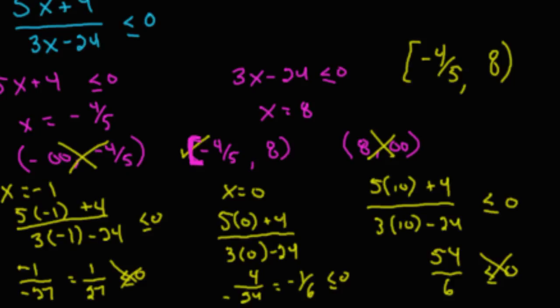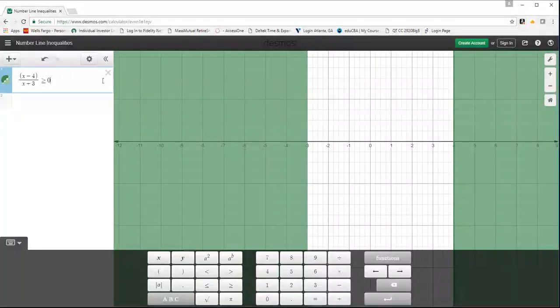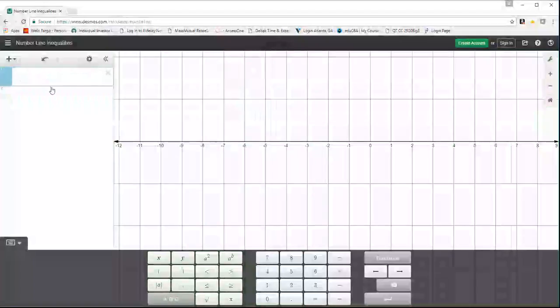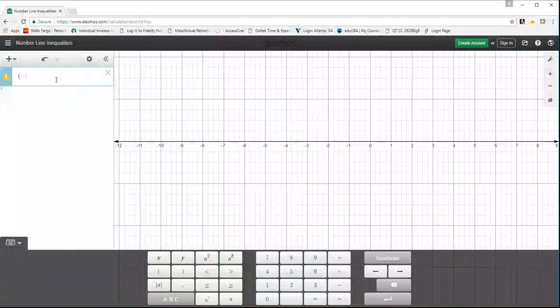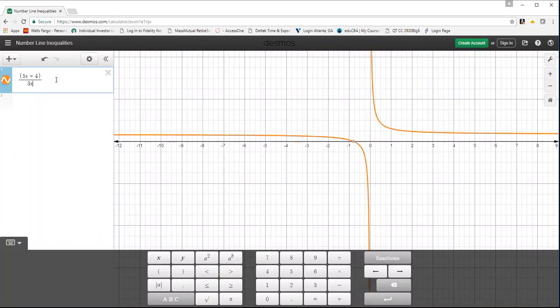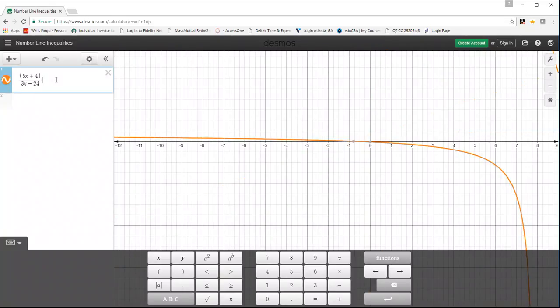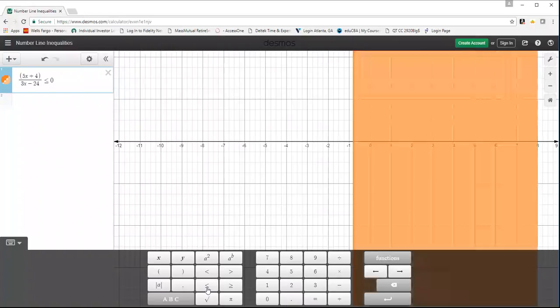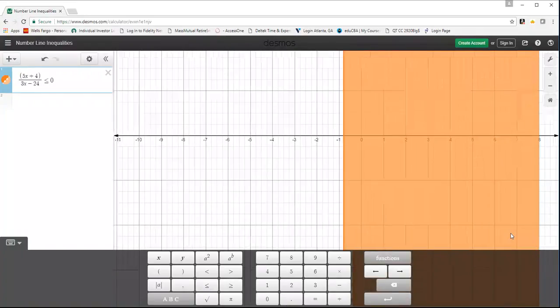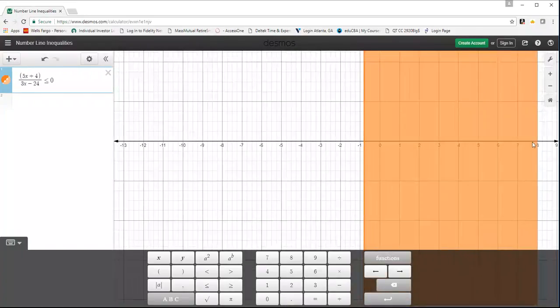And then we can come back to our graphing program, clear that out, and then we can type in (5x plus 4) divided by (3x minus 24) is less than or equal to 0. So again, there's the range that we just talked about.